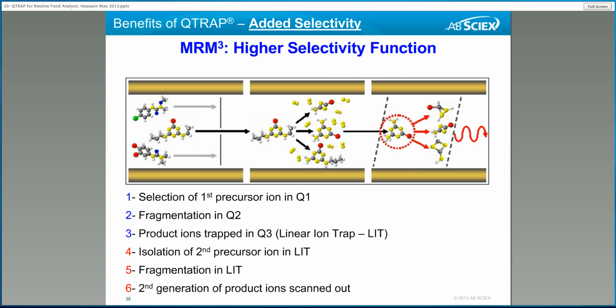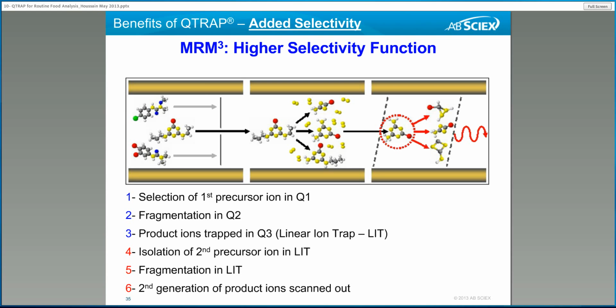Then the second precursor ion, which is generally one fragment ion, is isolated and fragmented in the linear ion trap. Finally, the second generation of product ions is scanned toward the detector.